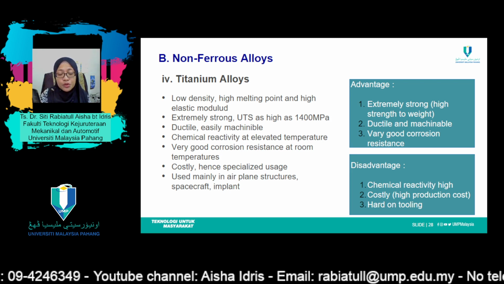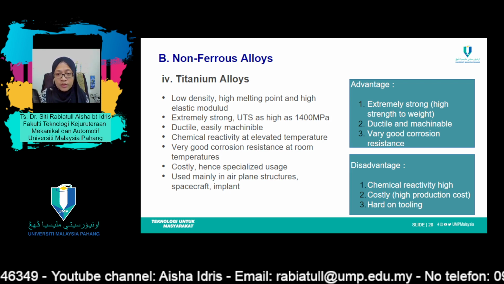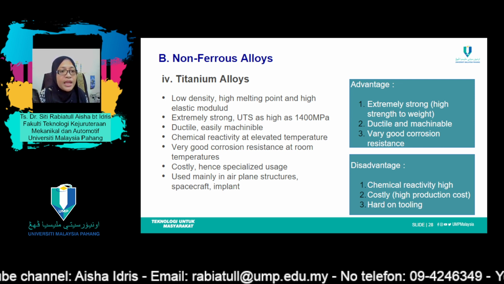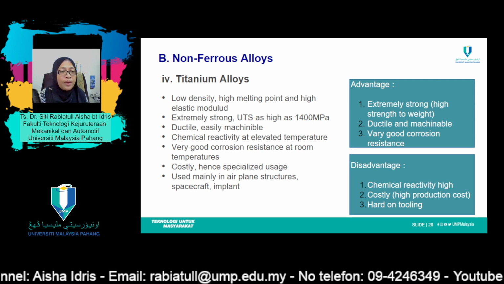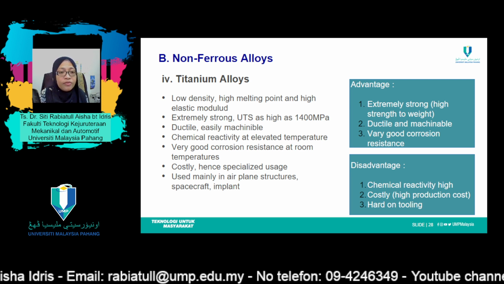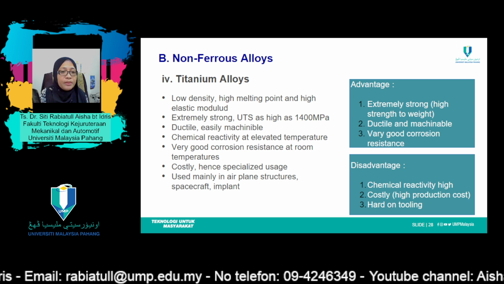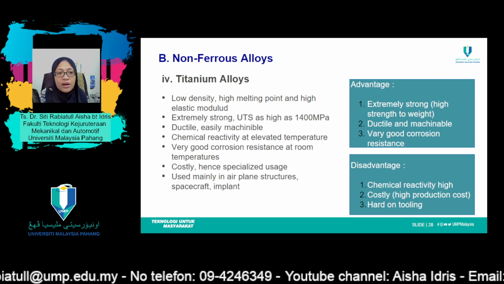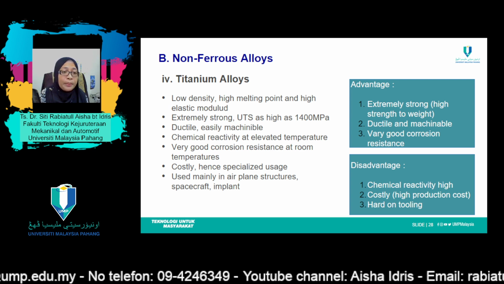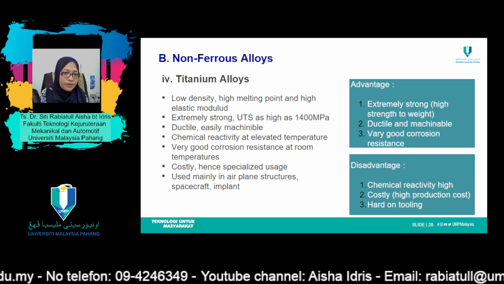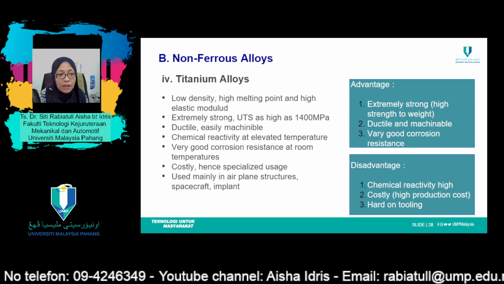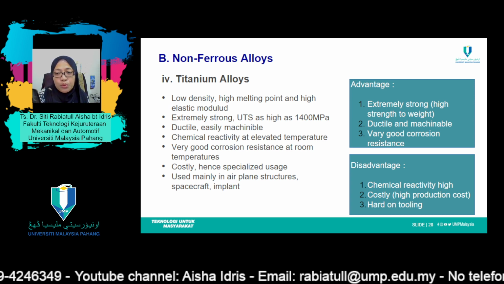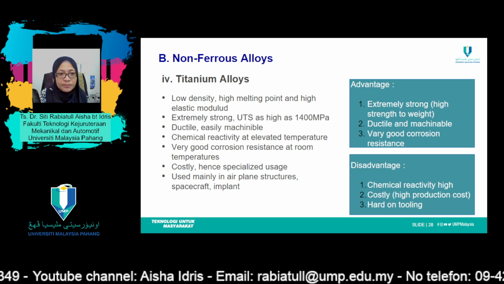Now let's move on to the next material for non-ferrous alloys, which is titanium and its alloys, whereby these types of materials are relatively new engineering materials that possess an extraordinary combination of properties. The pure metal has a relatively low density, high melting point, and elastic modulus of 107 gigapascal.